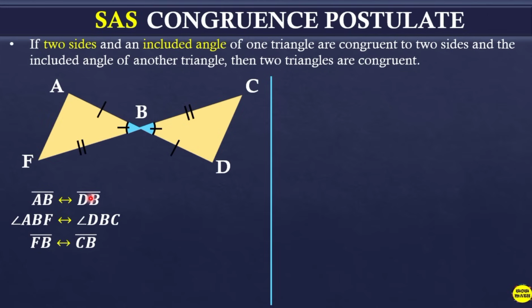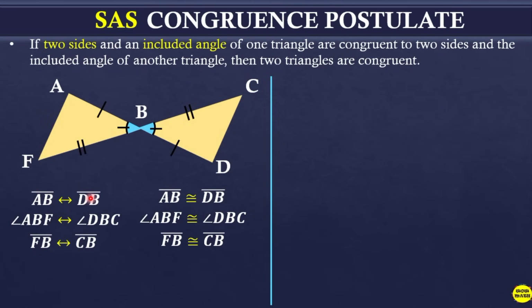corresponding parts of congruent triangles, we can say, sabi ko nga kanina, kapag corresponding parts, ibig sabihin, they are congruent. So, we can say that AB is congruent to DB, angle ABF is congruent to DBC, and segment FB is congruent to segment CB.